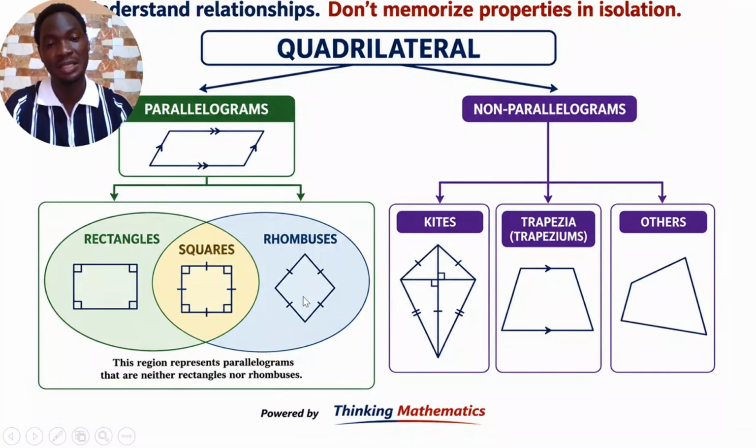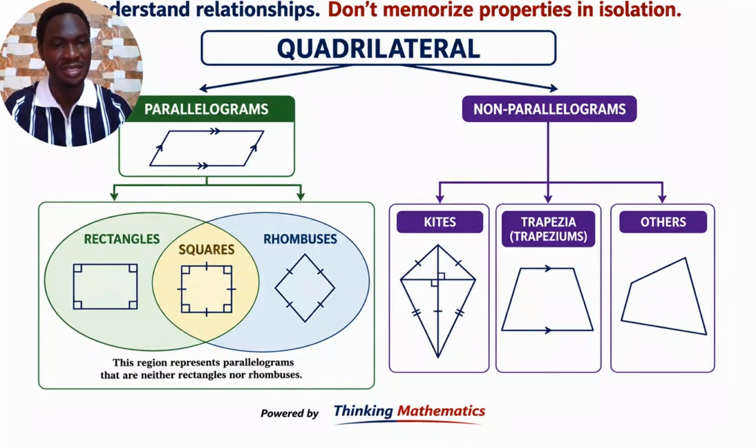In listing the properties of a rhombus, I'll begin with the generic properties of parallelograms and add on the special ones that rhombuses have. If a parallelogram does not have other special properties, we will simply call it a parallelogram.